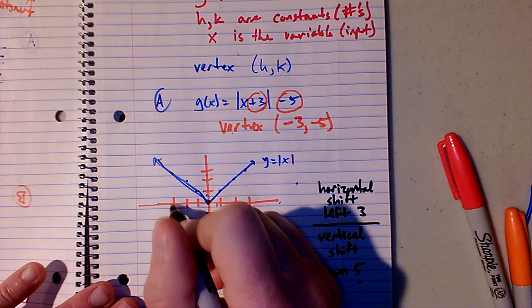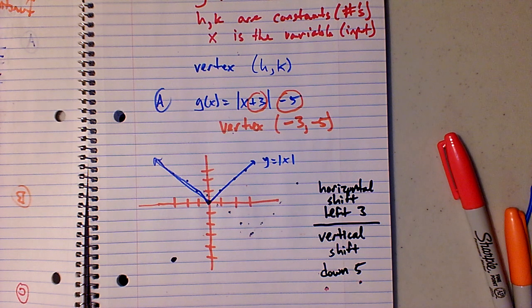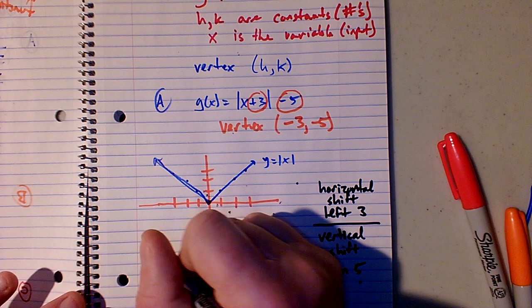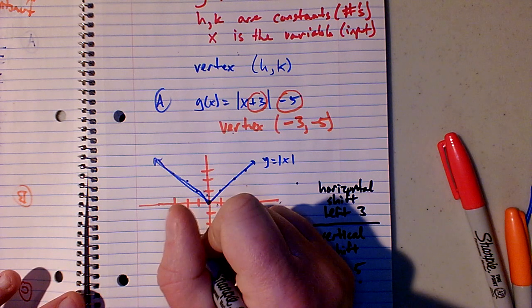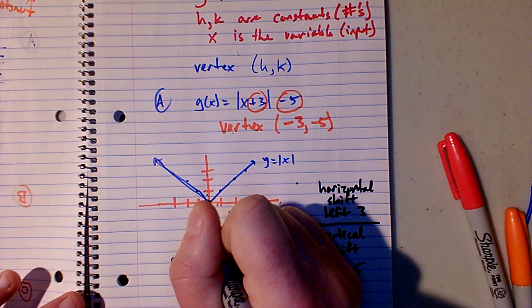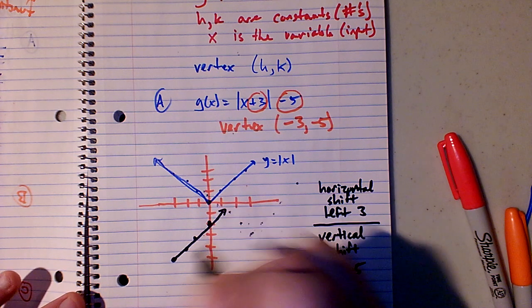So my new vertex would be at negative 3 comma negative 5, and then nothing else has changed. The shape is the same. I go over 1, up 1, over 1, up 1, over 1, up 1. So I've got my V, still going this way.